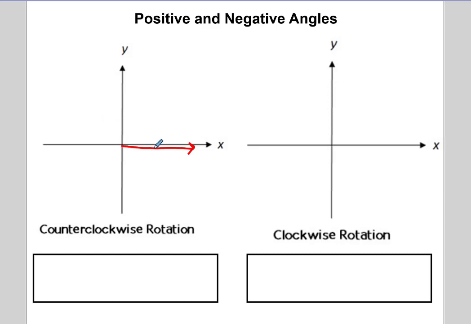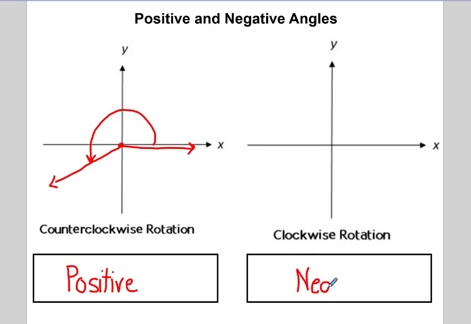So a positive angle would begin on the positive side of the x-axis and then rotate around some determined amount, and that landing point from the vertex, that ending ray, is my terminal side. So counterclockwise creates a positive angle. And conversely, if we rotate clockwise, that's going to produce a negative angle.